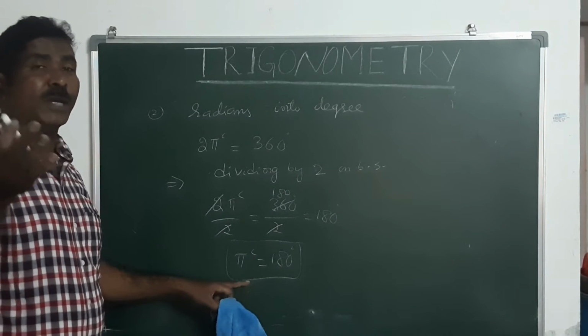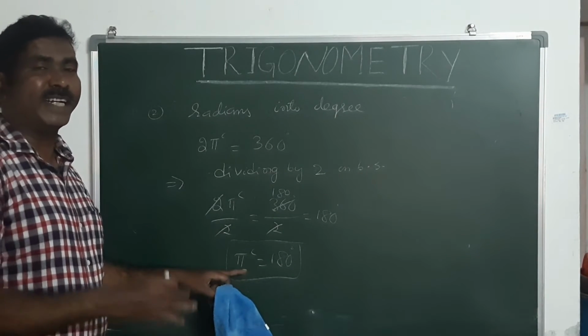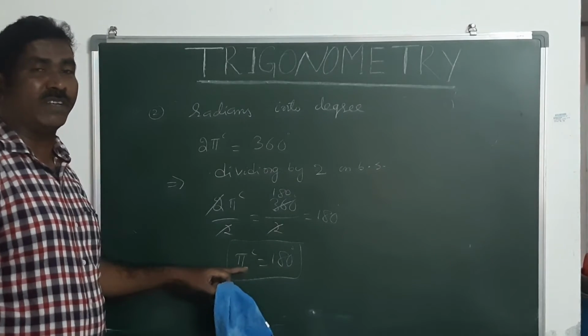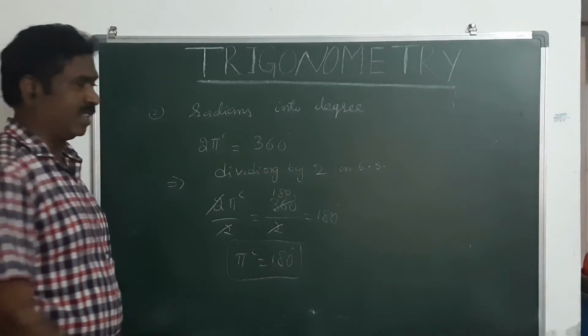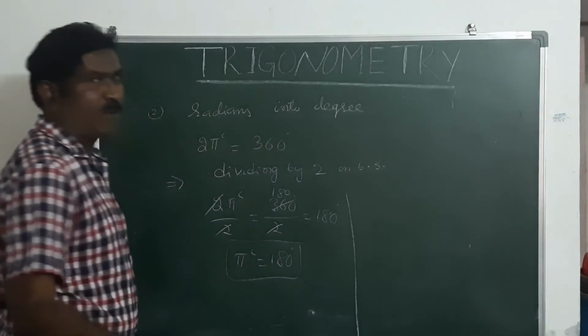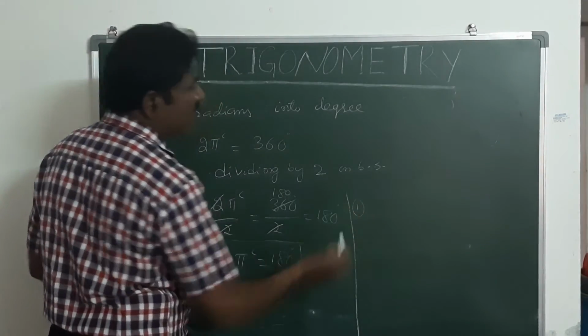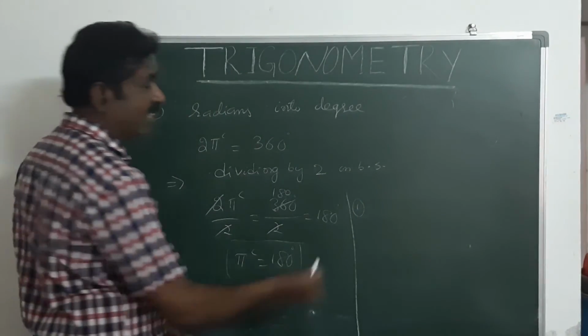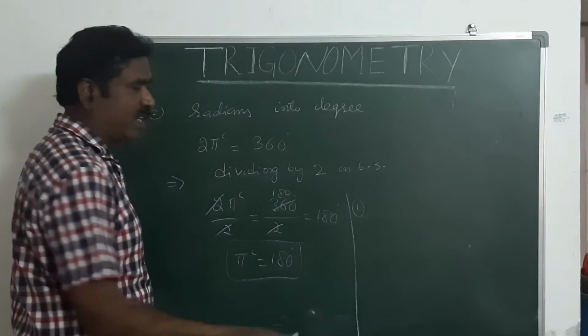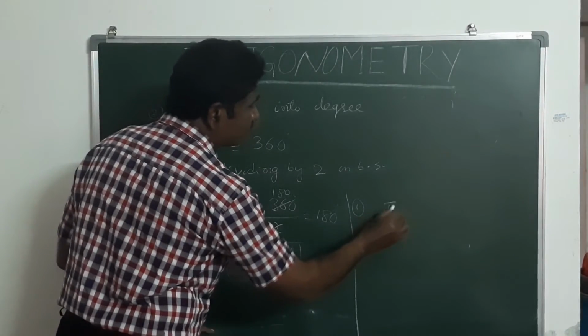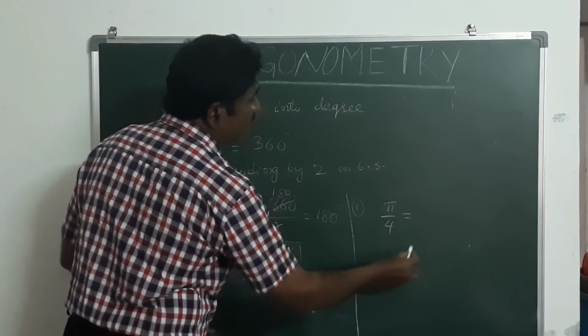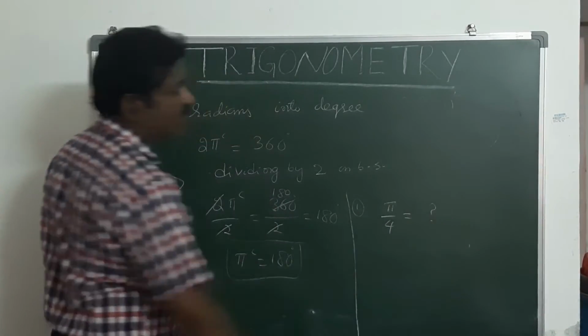While doing problems, when converting radians into degrees, we definitely need to use pi equals 180 everywhere. Let's take examples. Before we did 30 and 60, now take 45, that is pi by 4. Pi by 4 equals how many degrees?